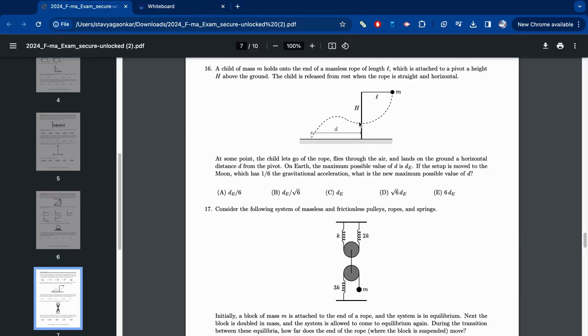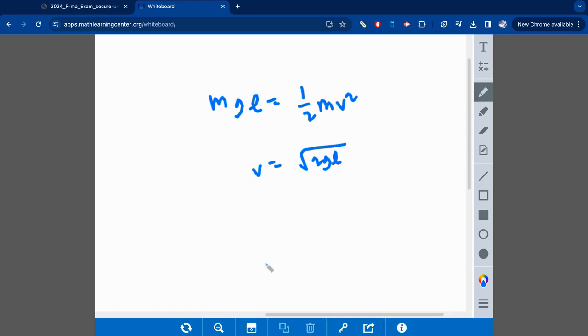And we know that the time it takes to fall, since it's moving completely horizontally and has no initial vertical velocity, is going to be root 2h over g, where h is this distance.